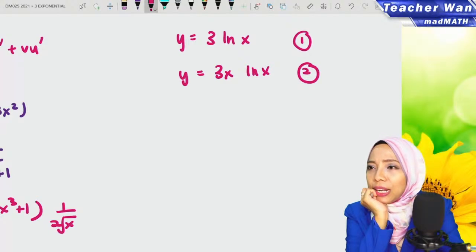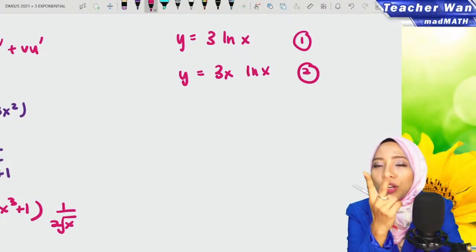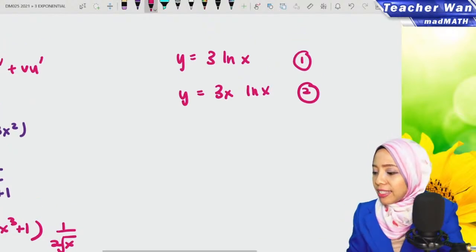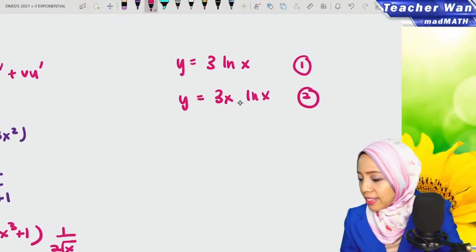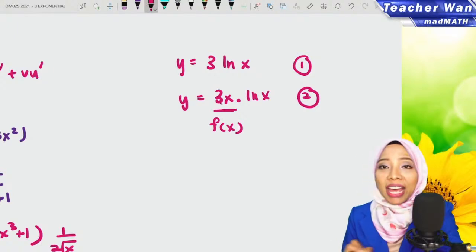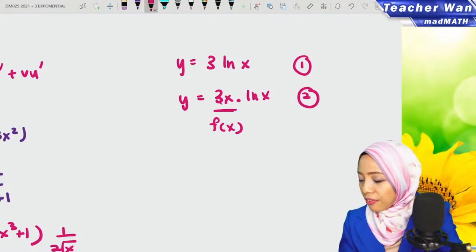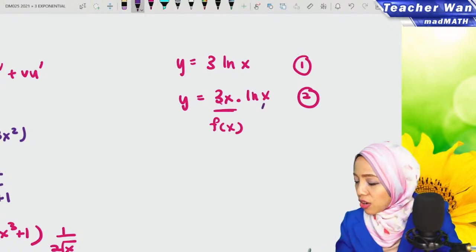Yes, exactly. If you have two functions, you need to use product rule. In this case, it consists of x, so this is f(x) and this is maybe another function, for example g(x). It's up to you.